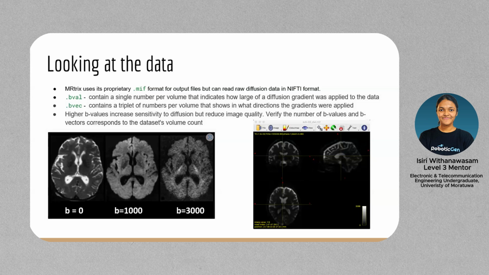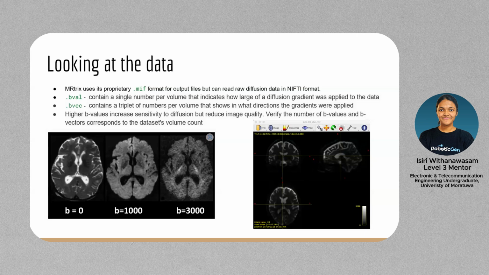But the downside is that when the B value gets high, as you can see in this image, the resolution gets really low. To make the resolution high, we have to use a very strong magnetic field. In normal MRI, we use about 3 Tesla, but when we increase the B value, we have to use much more than that. Then we can increase the resolution as well.